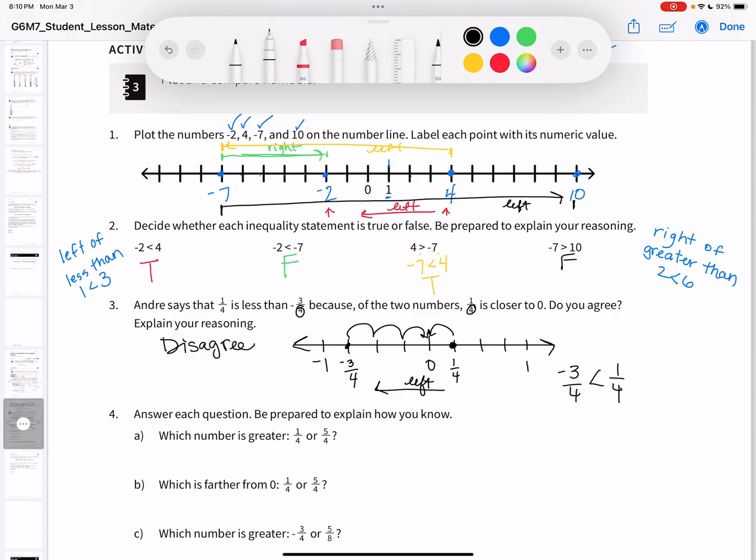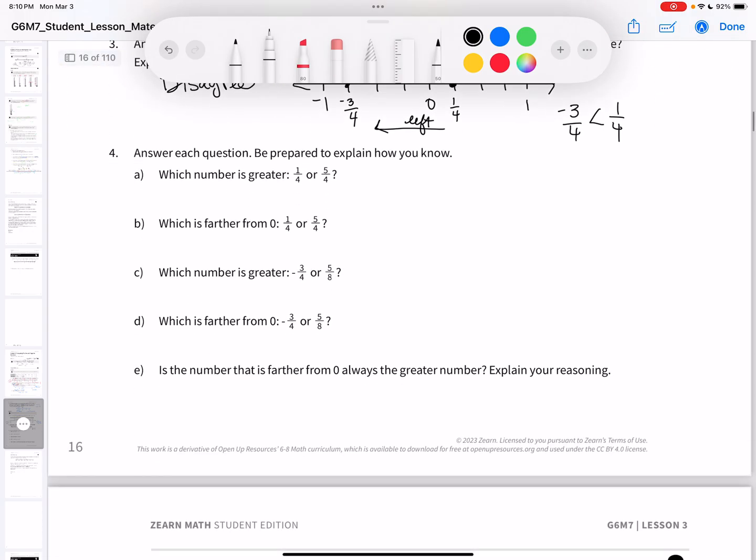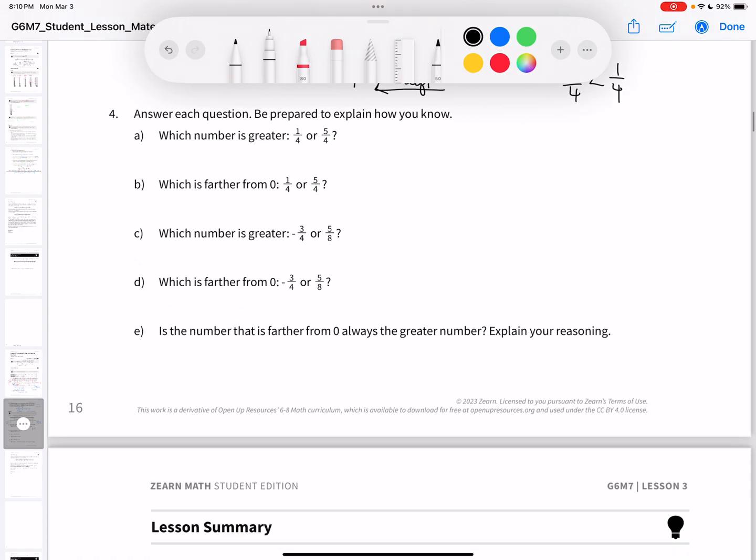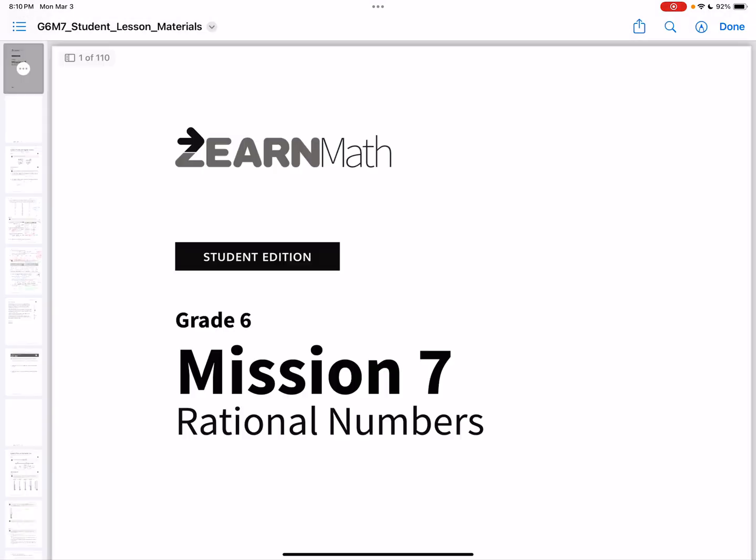Okay. Answer each question. Be prepared to explain how you know. All right, here we go. Which number is greater, 1/4 or 5/4? Well, let's draw a number line just to be sure. So they're both positive, so I'm going to put 0 over here. And then I'm going to put 1 here and 2 here. Now we're in fourths, so I'm going to split it up into fourths.